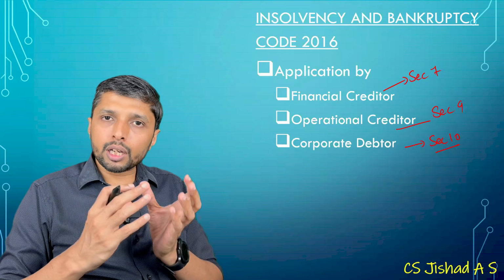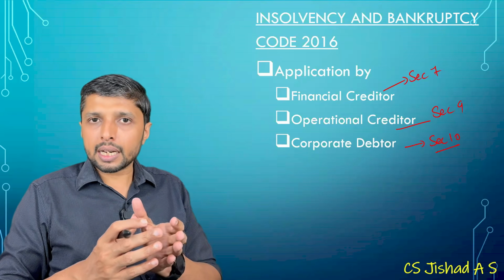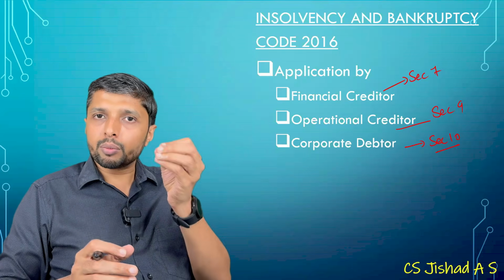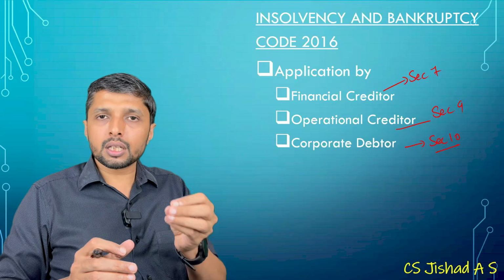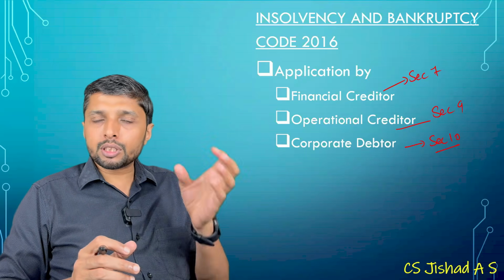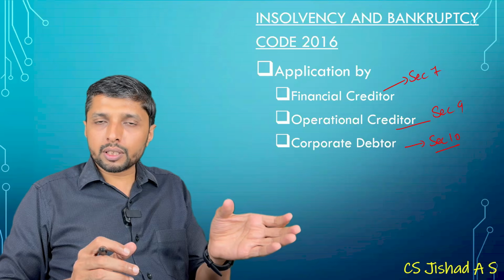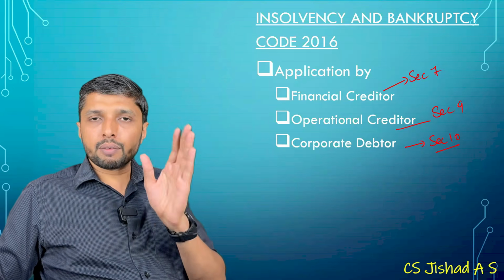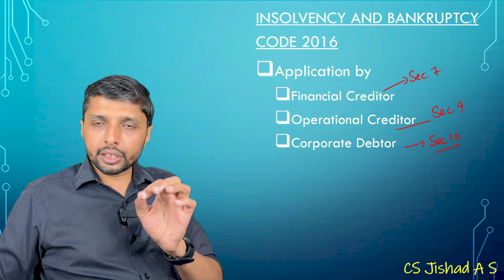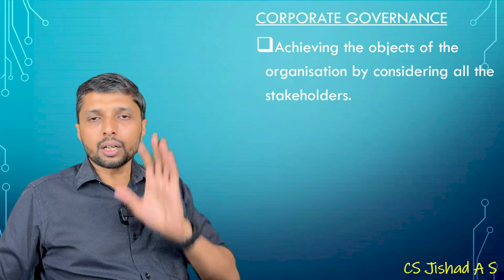The resolution applicant will make the resolution plan. That plan will have to be approved by a 2/3 majority, 66% of the committee of creditors, and will be submitted by the insolvency professional to NCLT. If NCLT accepts, that is done. If NCLT rejects, it will order winding up of the company.